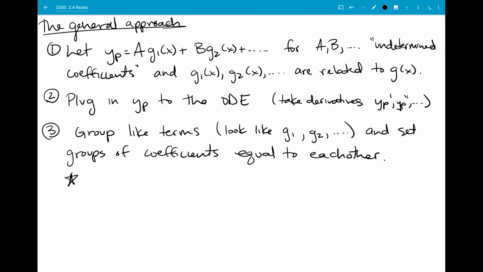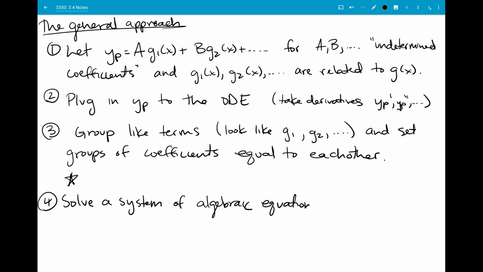But then after you do that, you'll reduce your differential equation to a system of algebraic equations that you have to solve. And then after you do that, you'll find numbers for what A, B, and so on are.